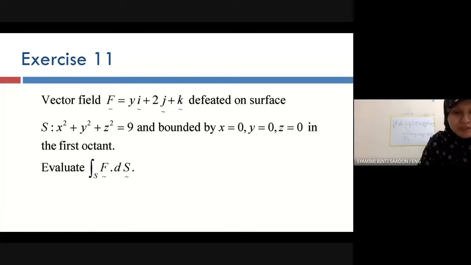Okay, we integrate this function for each x, y, and z from 0 to 3, because the center is 0 and the radius is 3. So it's like you do the triple integral over x, y, and z.